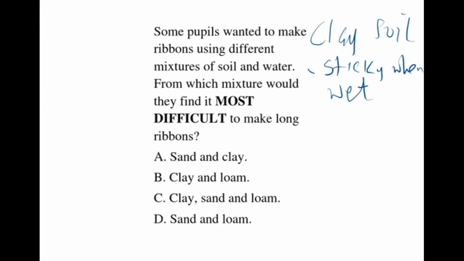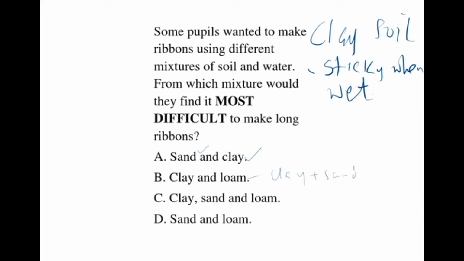So when you look at our A, we have clay, which is very good, and then we have sand. It will be able to make ribbons, while the clay will make the sand stick. Clay and loam, the same. Loam is a mixture of clay and sand.